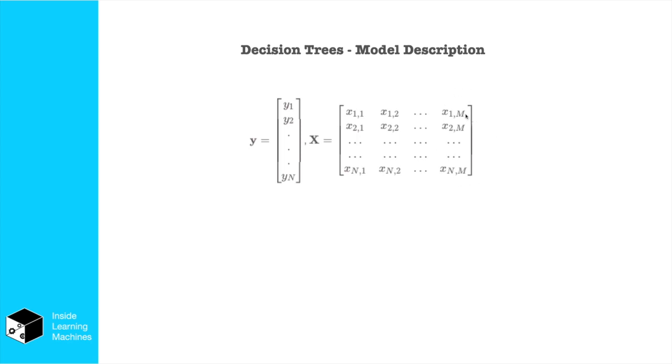Each column in X represents a different predictor feature. The first thing that we're going to want to do is combine these two into a single matrix D. D has the complete set of the m predictor features in our data. That's just X. And then on top of that, we attach an extra column y for our labels.